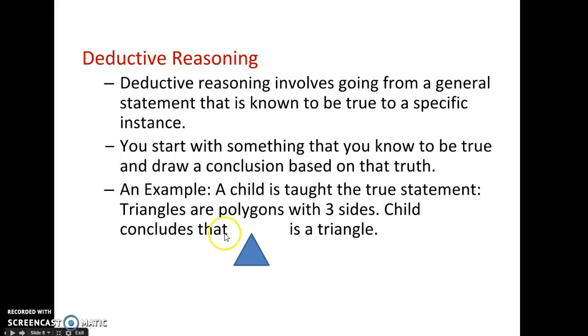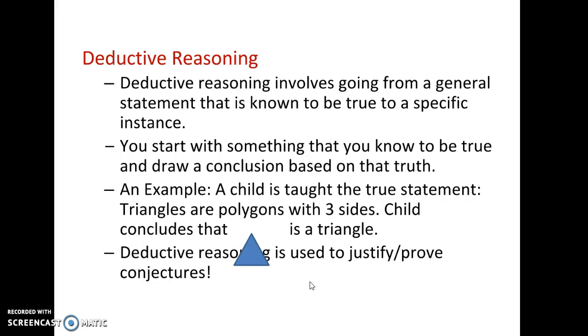And a child concludes when they see this blue shape here that it's a triangle because it fits the definition of polygon that they've been taught, and it has 3 sides. So that is a student saying, hey, I know what a triangle is, and I can look at this and say, yes, this meets the bill.